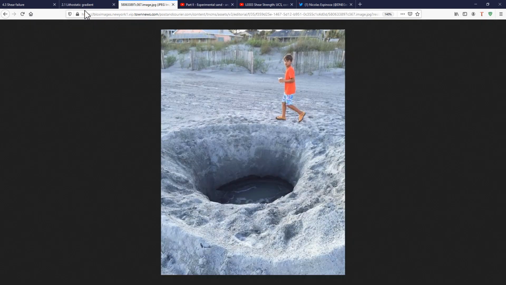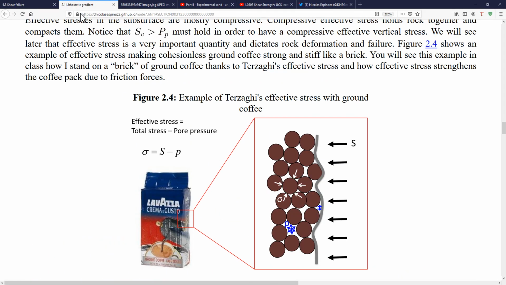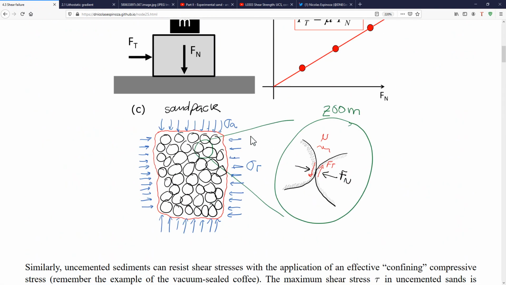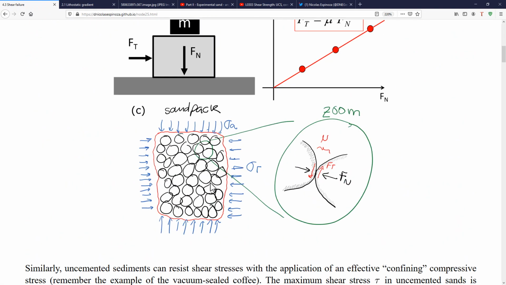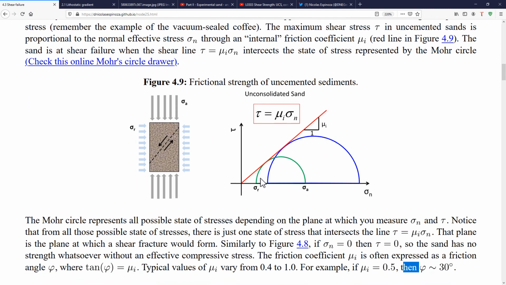I have one more example to exemplify frictional strength. And frictional strength can happen between surfaces of grains, as we have here, for example, in an uncemented sand, or we could have in a sandstone, but also between surfaces of fractures. So if we have a fractured rock mass, we're also going to have frictional strength between the fractures.